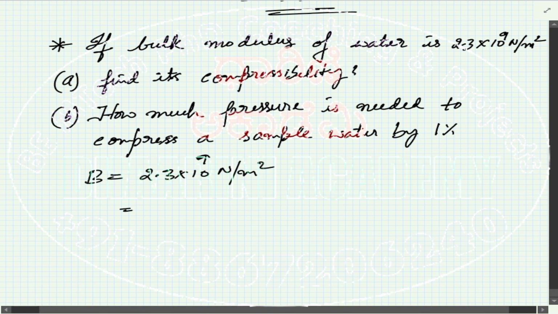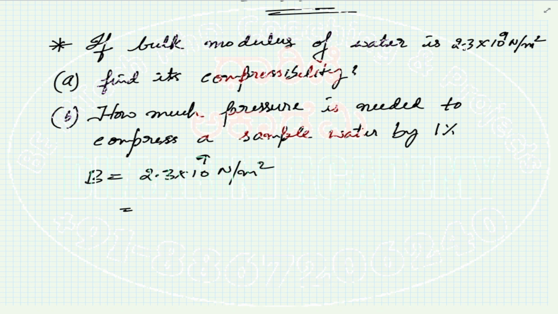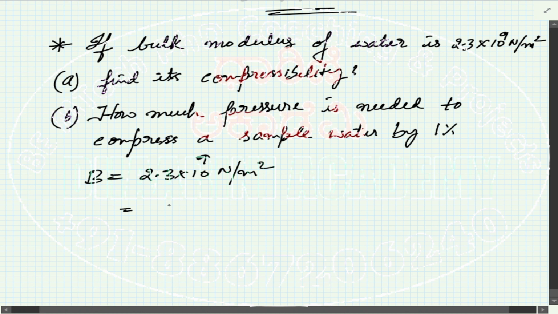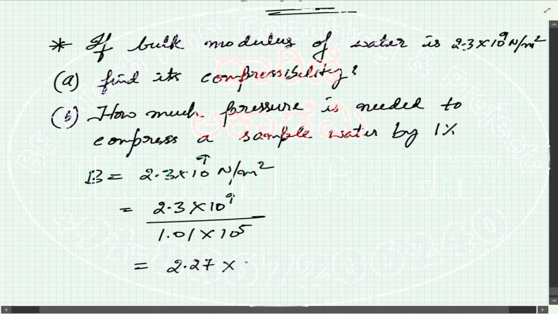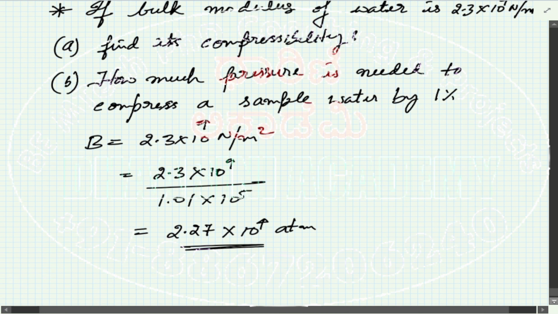That's when we are able to represent the given data set using the following notation. So you have to convert this 2.3 into 10 to the power 9 whole divided by 1.01 into 10 to the 5. That's a standard atmospheric pressure. So B is equal to 2.27 into 10 to the power 4. This is in atmospheres. We are converting the B.